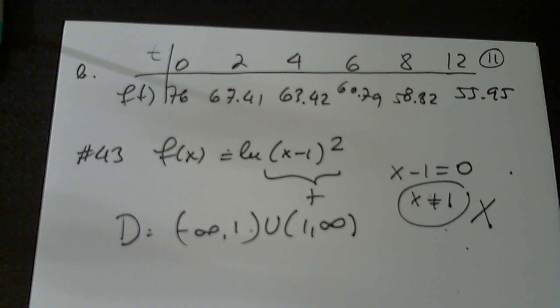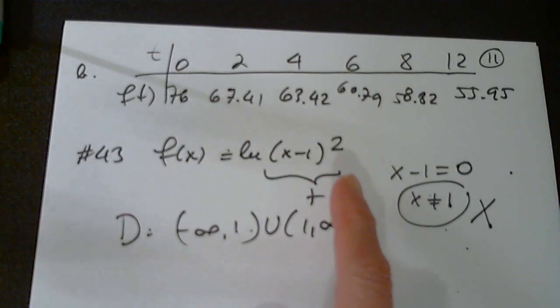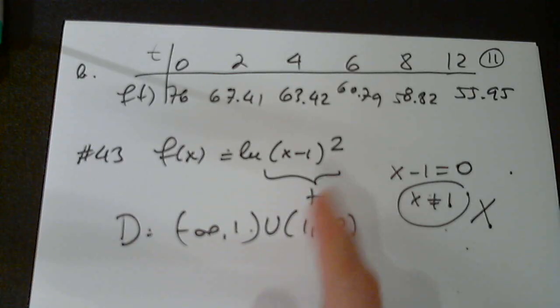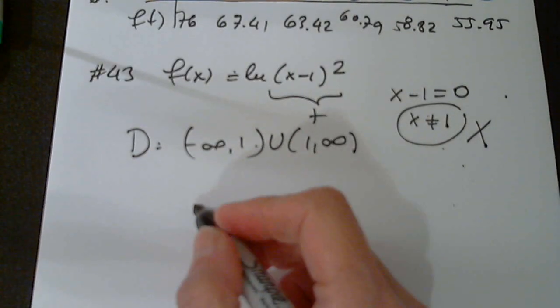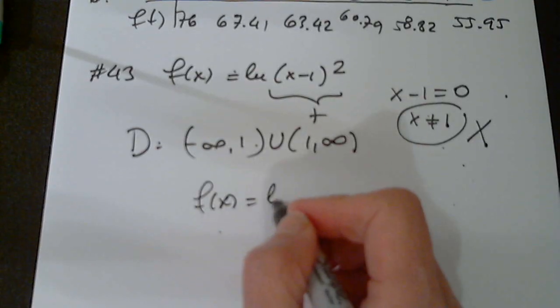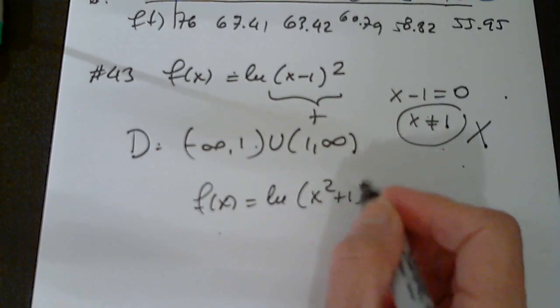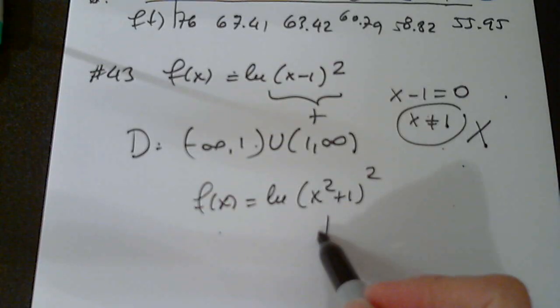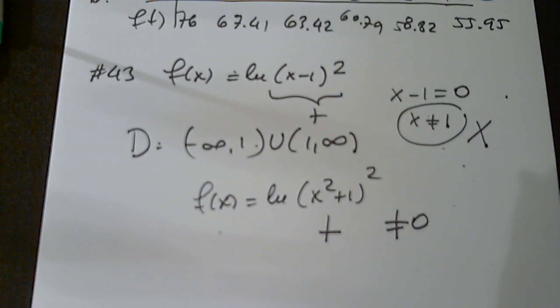So this problem is a little bit tricky because they are throwing this at us. And we know that the quantity that log is applied to has to be positive, but it can never be 0. Now, if they do something else, like let's say f of x equals natural log of x squared plus 1, this is always positive and it will never be 0 because x squared plus 1 can never be 0.